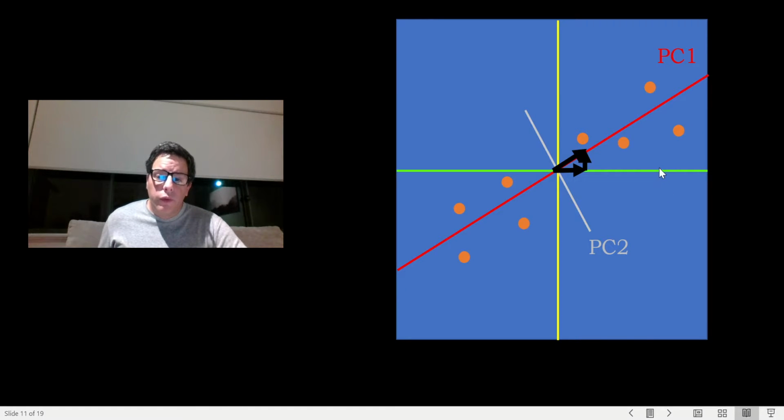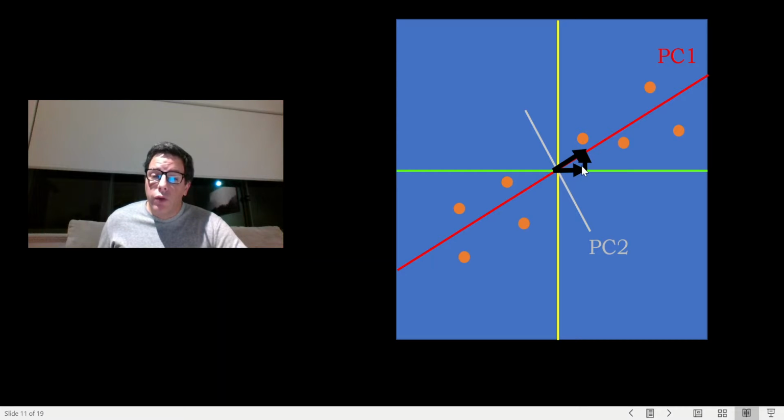Wherever we do that, the proportion of these two vectors or segments is always the same. If this is 2 times larger than this, which is not the case here, it will be the same at any point that we choose, right?